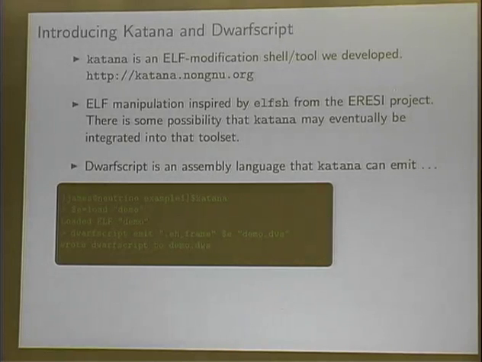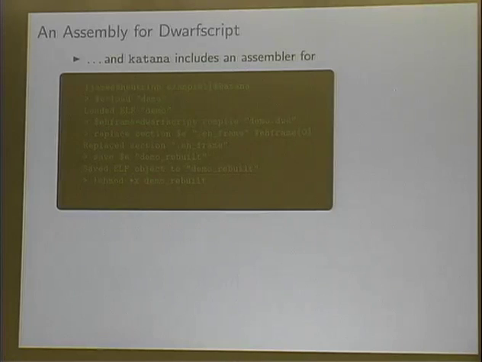So DwarfScript is an assembly language that I wrote, modeled after the output from dwarf dump or readelf. So Katana can spit it out, much like readelf. But Katana also has an assembler for it. So you can spit out your dwarf script, modify it as you need to, and then compile it back in, instead of poking at the individual little bytes with a hex editor.